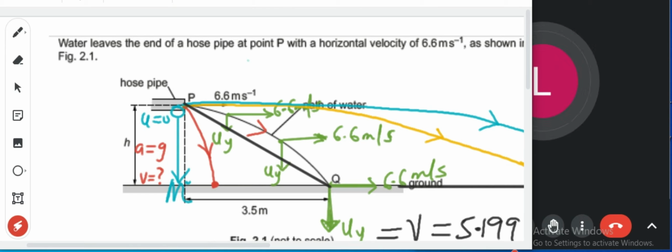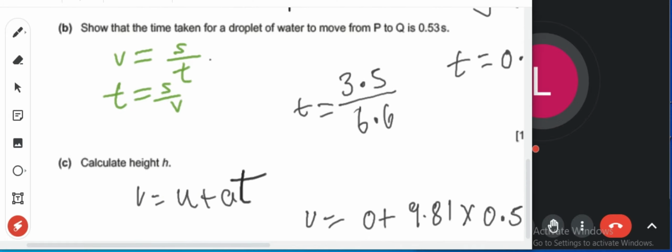It will spend the same time as if it was projected to take this trajectory, or this trajectory, or even the other trajectory. They will all get to the ground at the same time. A is G, U is the initial speed, which of course is 0 if it was dropped freely. So it starts with an initial velocity of 0.